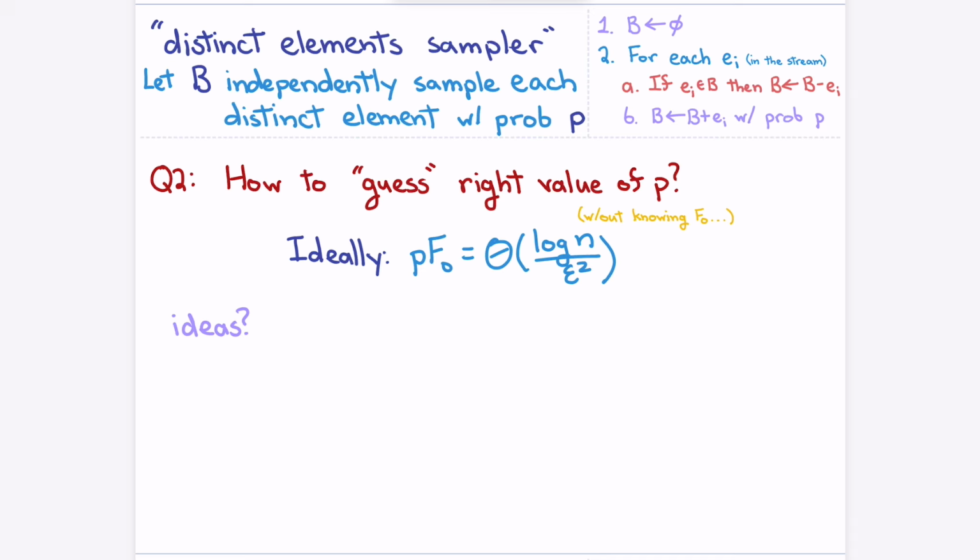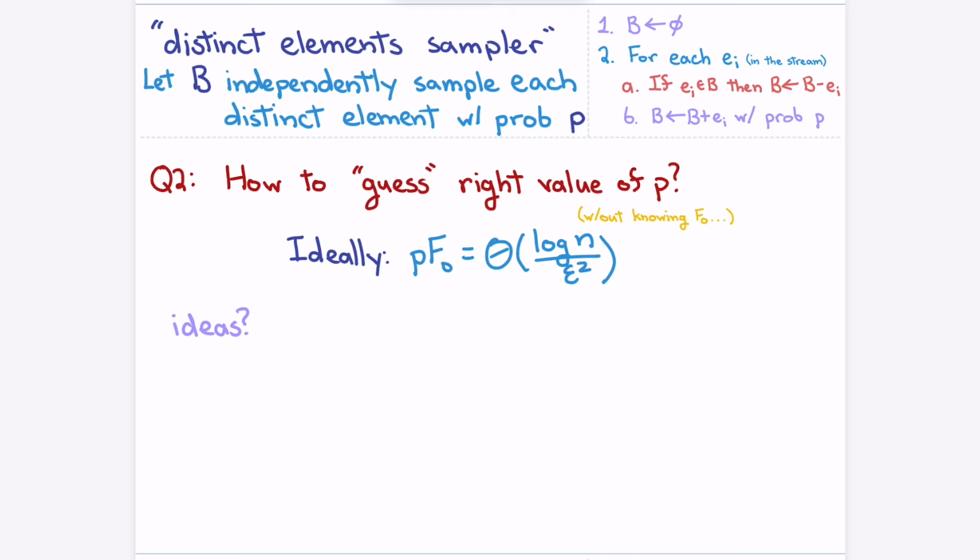Something like this. I think we might end up doing something like this, but it gets a little bit tricky to analyze because at some level, the algorithm's errors may depend on a little error coming in. You start estimating F0 and then you start making more decisions based on your estimate. And if your estimate was a little bit off before, does that kind of propagate? You see what I'm saying?